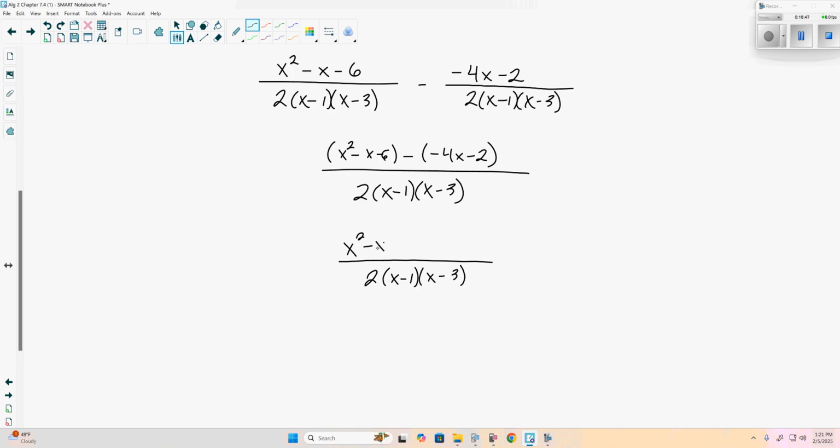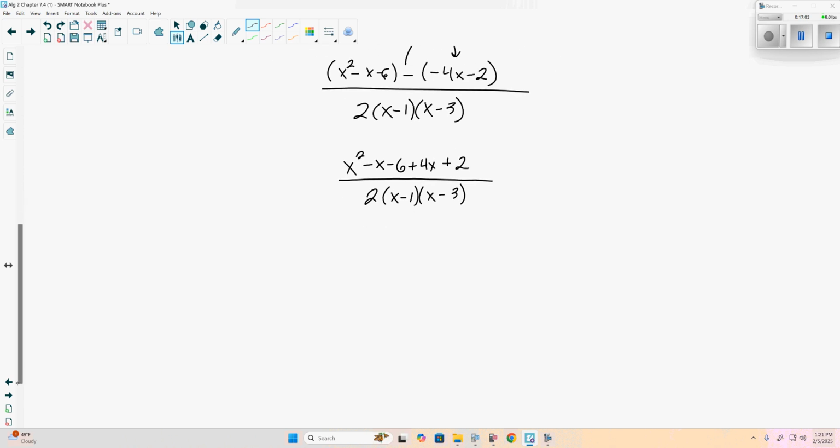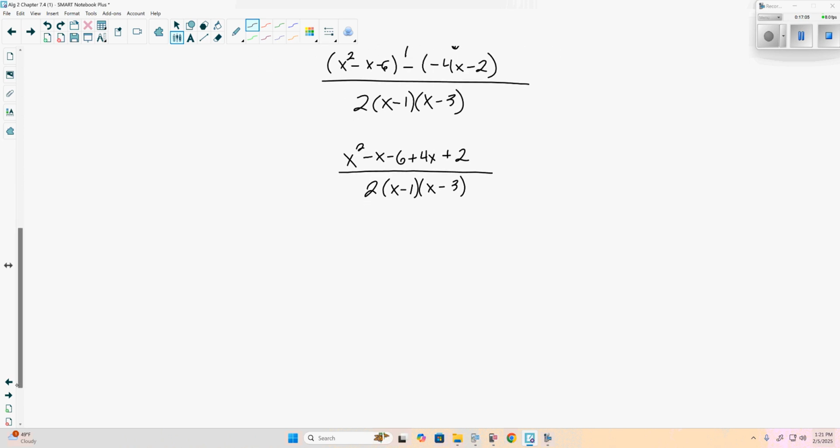But with subtraction, this negative is going to have to be applied to both terms. We're applying that negative through, which means our negative 4x is now going to become positive 4x. Our negative 2 is now going to become positive 2. Because what we're saying is that we're subtracting negative 4x. We're subtracting negative 2. That negative negative makes a positive.